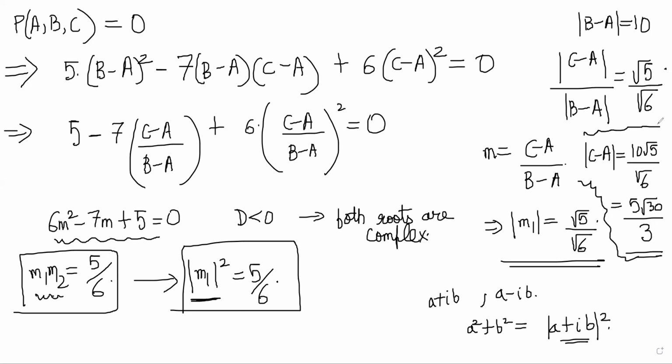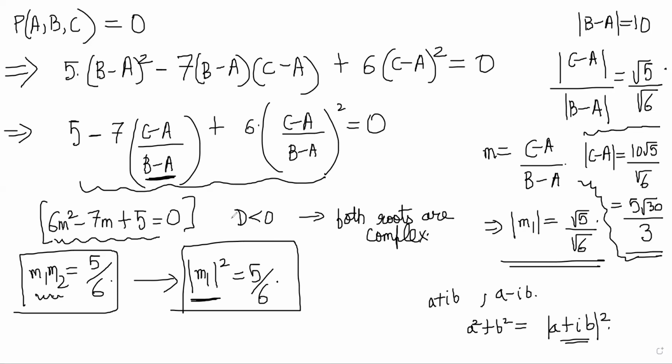Notice that I have done a shortcut here by saying that this is a quadratic in m and we can take m1, m2 is equal to mod of m1 square. You can do it in a traditional way also. You can solve this quadratic and find the different values of c minus a and b minus a, right? There will be two roots of this quadratic. (c minus a) by (b minus a) could be either one of those two roots, right?